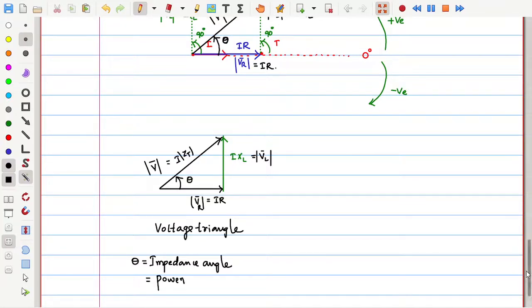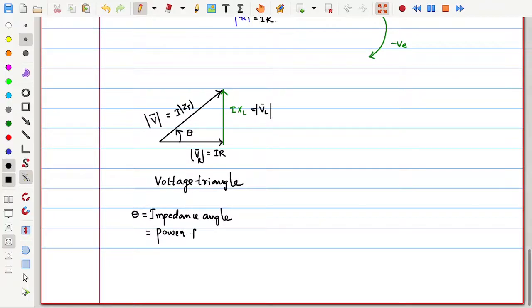Very important term: power factor angle. Theta can be called the power factor angle. So what is the power factor angle? It is basically the angle between the total voltage and the current of the circuit.